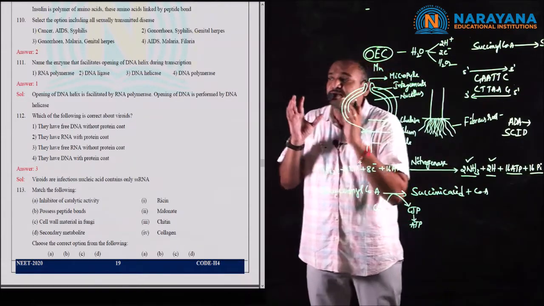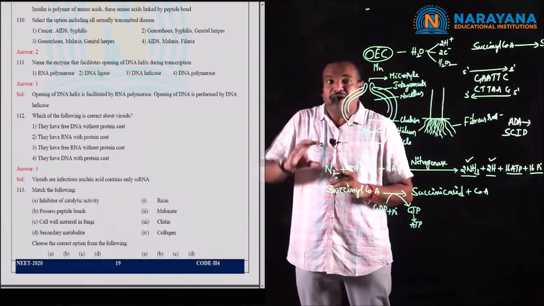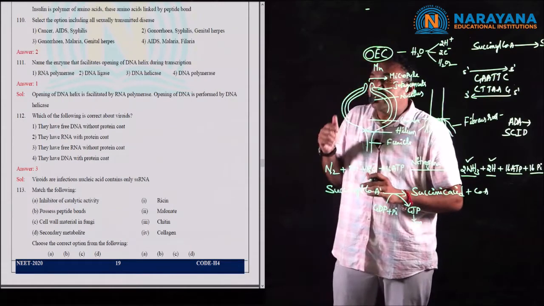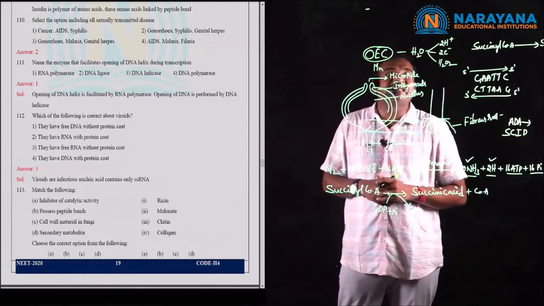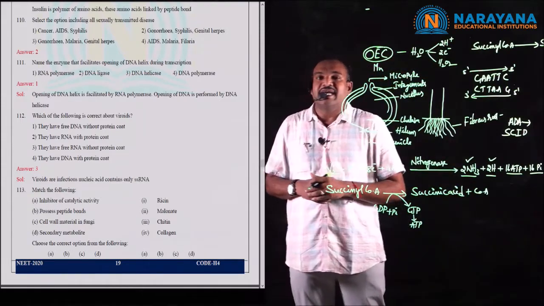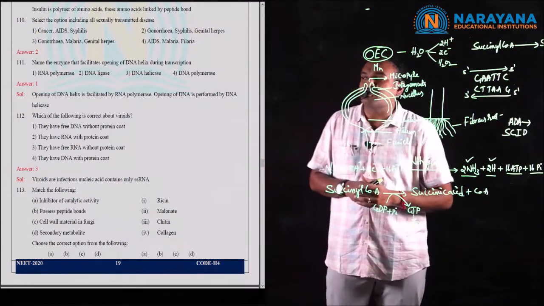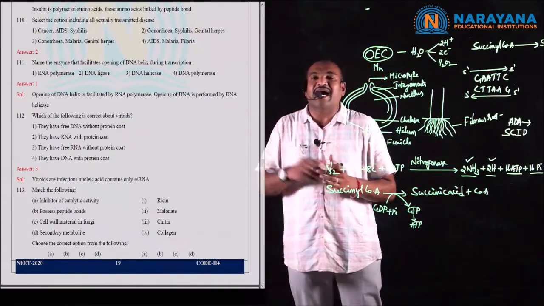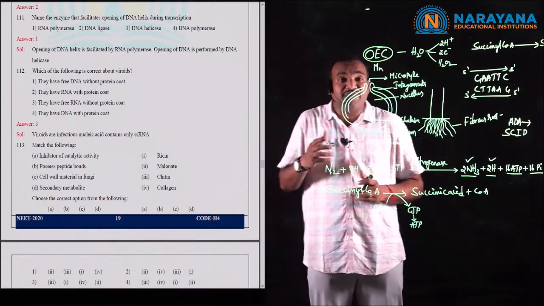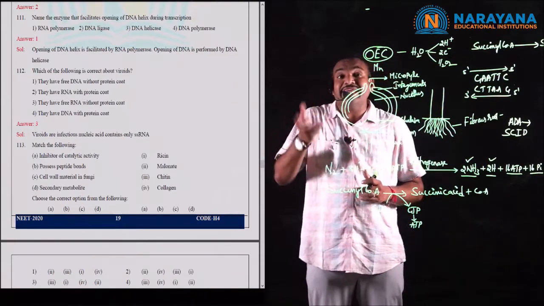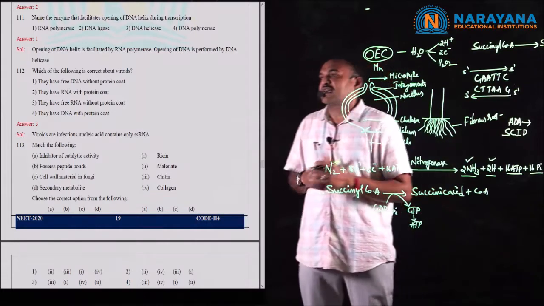But students, you observe that the question mentions facilitating the opening, not opening of DNA. The first option is RNA polymerase, the second option is DNA ligase, the third option is DNA helicase, and the fourth option is DNA polymerase. The right option is RNA polymerase, because RNA polymerase facilitates the opening of the DNA helix, while the opening of the DNA helix itself is performed by DNA helicases.